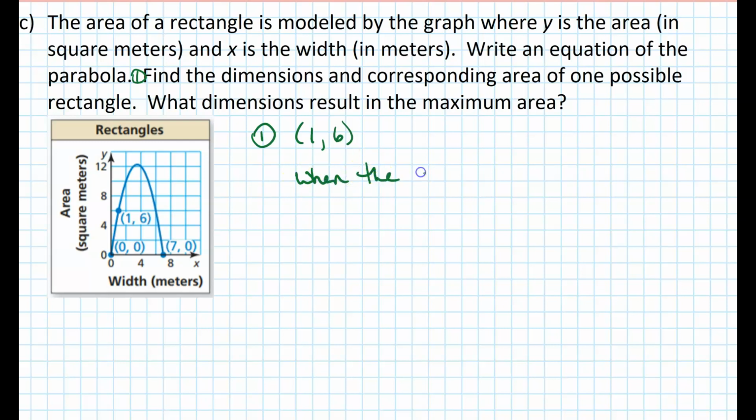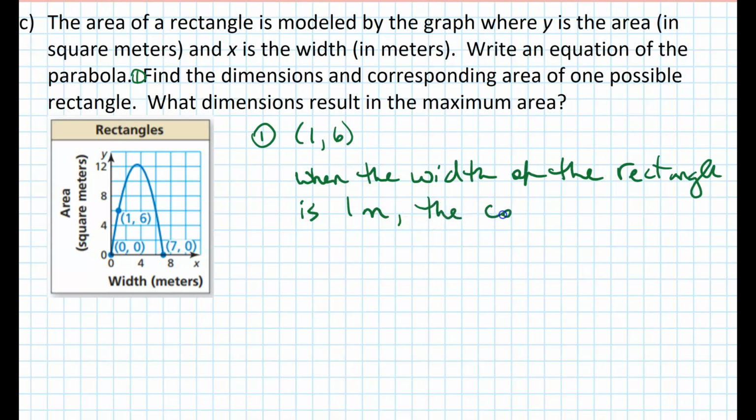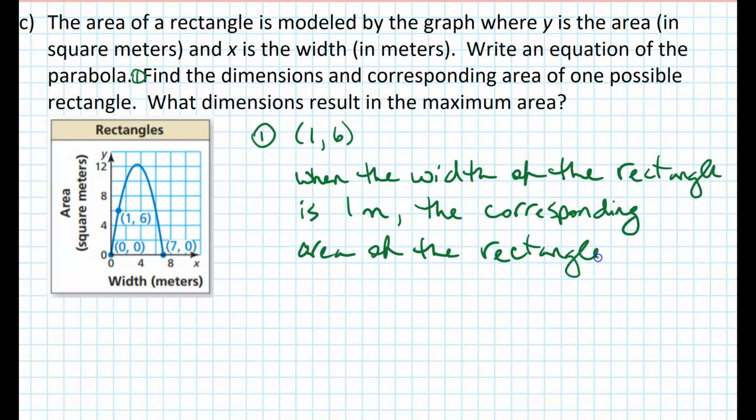when the width of the rectangle is 1 meter, the corresponding area of the rectangle is 6 square meters.